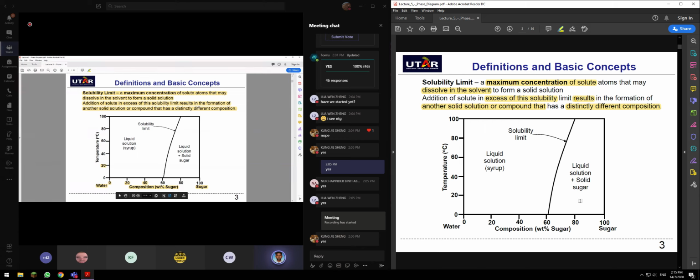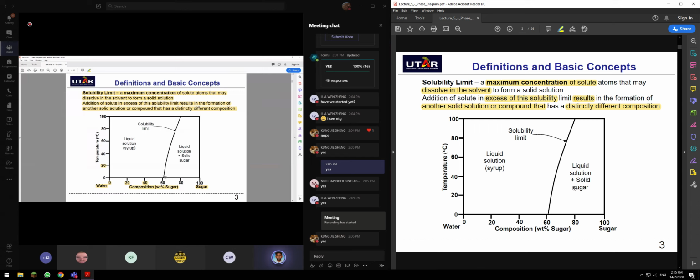At one point, you can't add more sugar to the liquid solution. When you keep on adding more sugar, the sugar doesn't dissolve in water. That is what solubility limit is all about. At 20 degrees Celsius, the solubility limit for the liquid sugar solution is around, let's say we put it at 63 weight percentage.